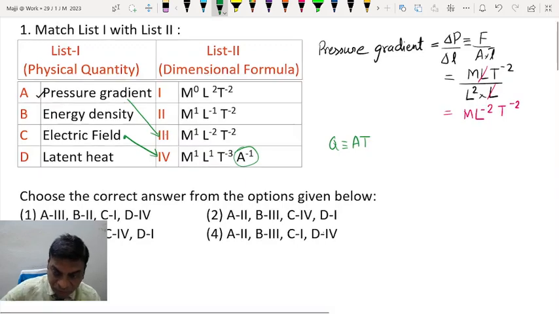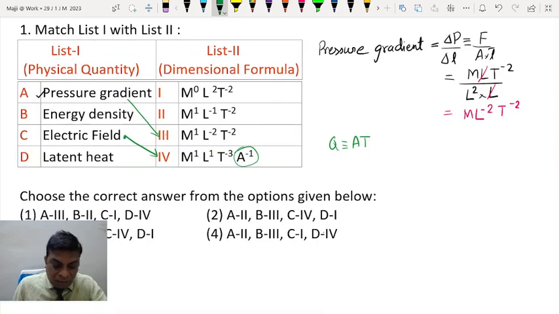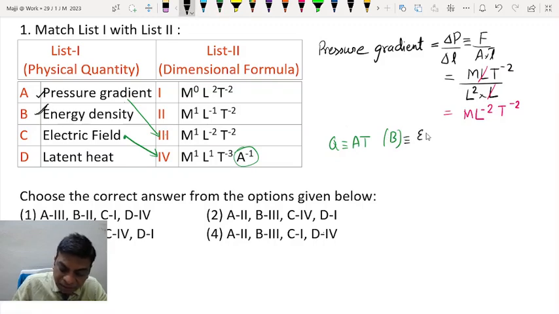This is the correct option, of course, but still we'll find out the dimension formula of energy density and latent heat so as to confirm this. Then let us find out for energy density. Energy density is basically energy per unit volume.